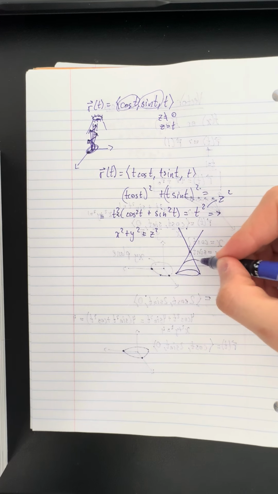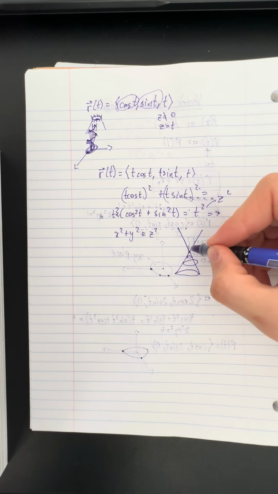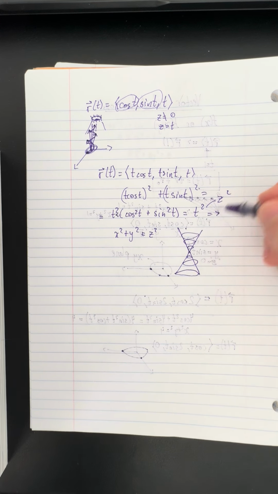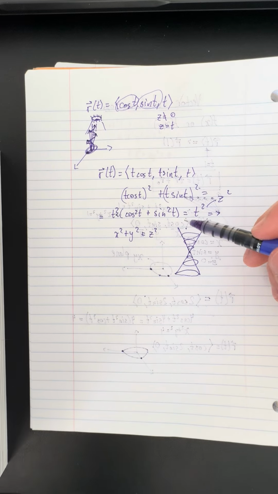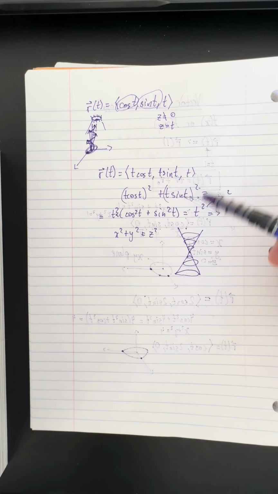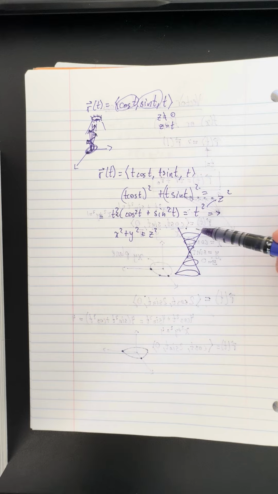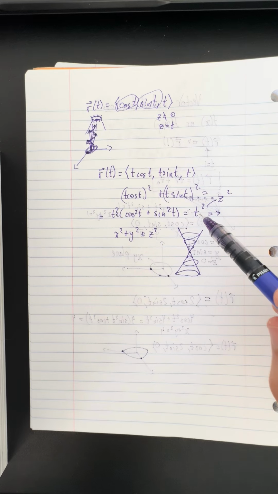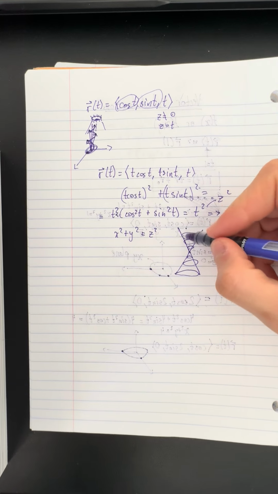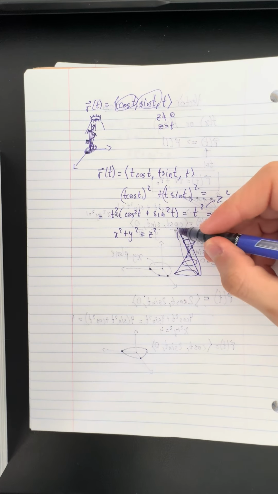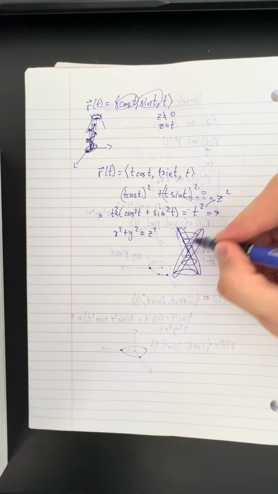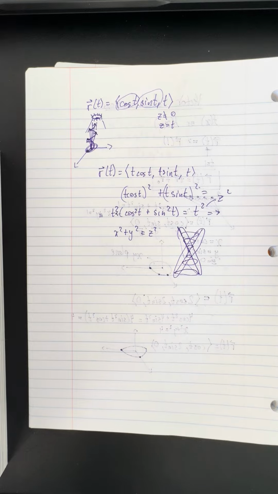If you look at them from the top, from the xy, it's just a circle that changes size with z changing. And if you look at them from the xz or the yz, you get these crossing lines right here. So that's how you get that guy.